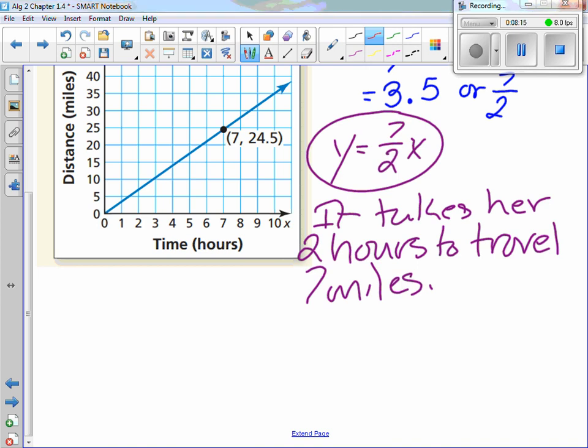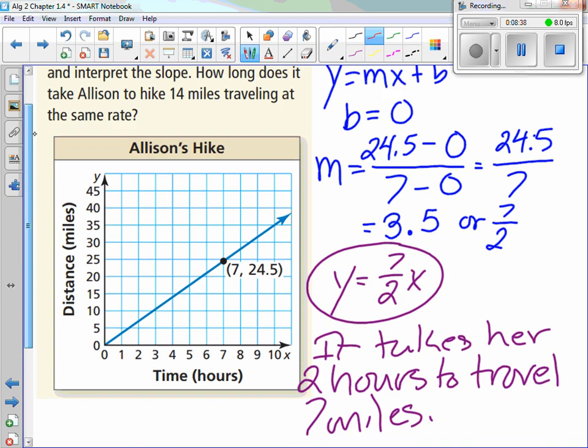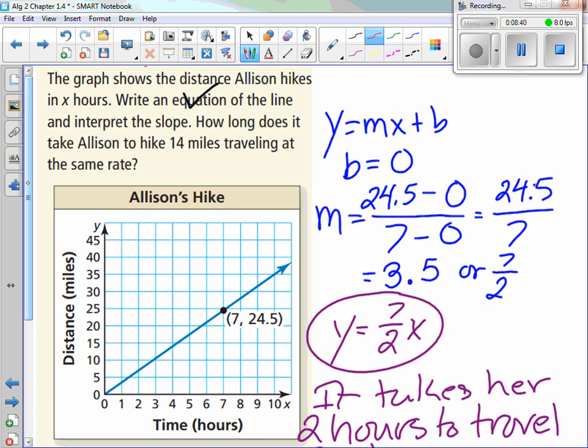So however we want to phrase it, as long as it's relating that statement of the fact that for every 2 hours she's traveling 7 miles, or it takes her 2 hours to travel 7 miles. If she's traveled 7 miles, it's taken her 2 hours. Just something relating that 2 hours and the 7 miles together. So we've interpreted the slope.